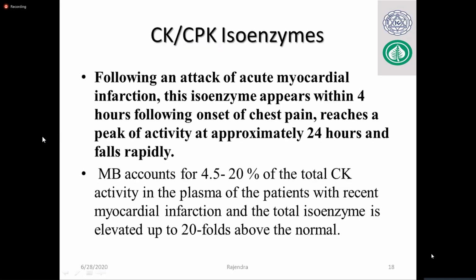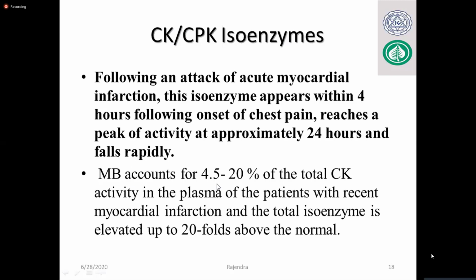Following an attack of acute myocardial infarction, this isoenzyme appears within 4 hours. Yes, I told you 3 to 6 hours. Following onset of chest pain it reaches a peak of activity at approximately 24 hours and falls rapidly. That means it starts increasing in blood after 4 hours and the peak is at 20 to 24 hours, then it drops down again.